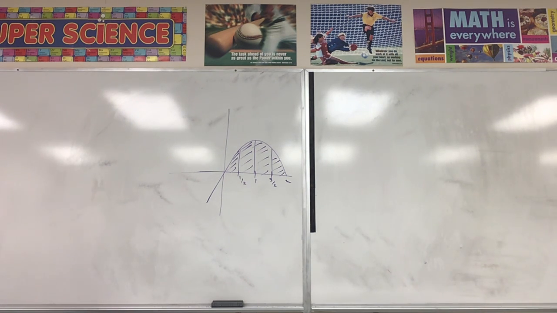Number 12, letter A, should be the integral from 0 to 10 of x cubed dx. Letter B, the integral from 0 to 10 of x sine x dx. Letter C, the integral from 0 to 10 of x times (3x minus 2) squared dx.